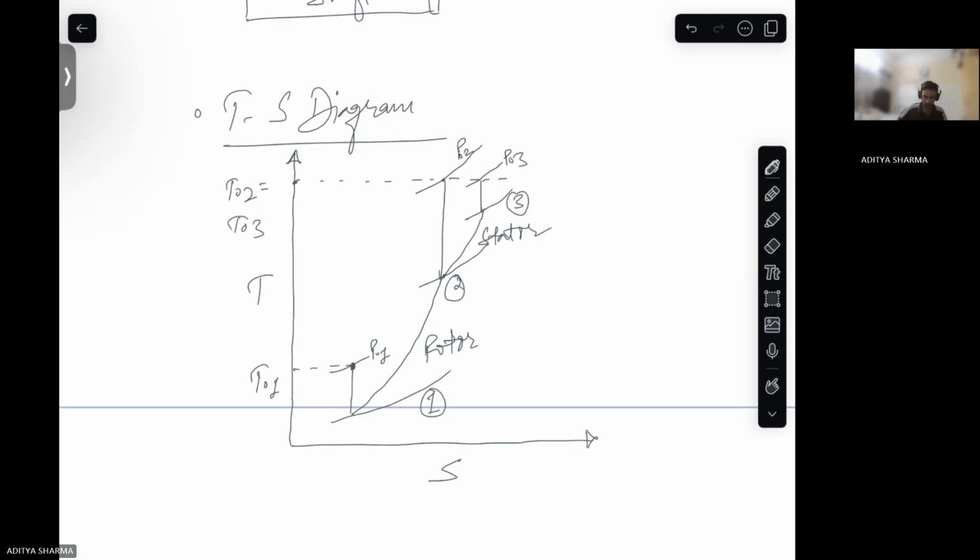So your total temperature is increasing when the air is moving through your rotor, and then through your stator, your total temperature remains same. Right? Yes.